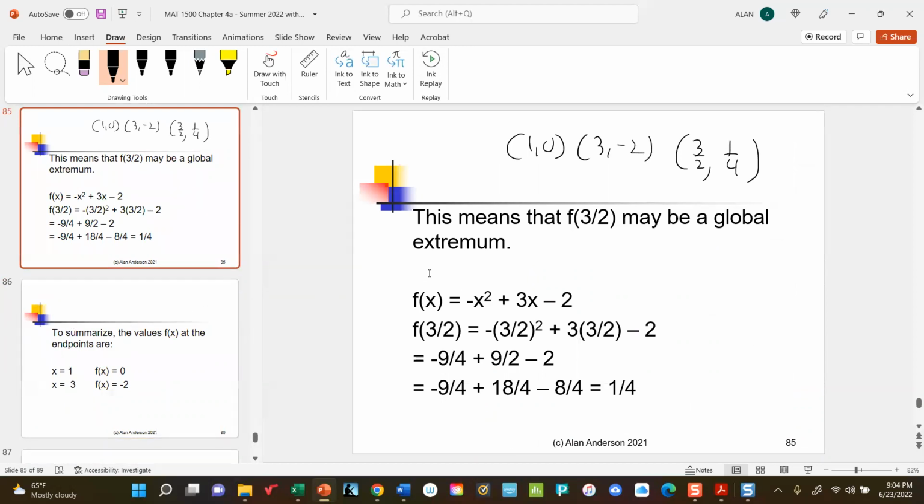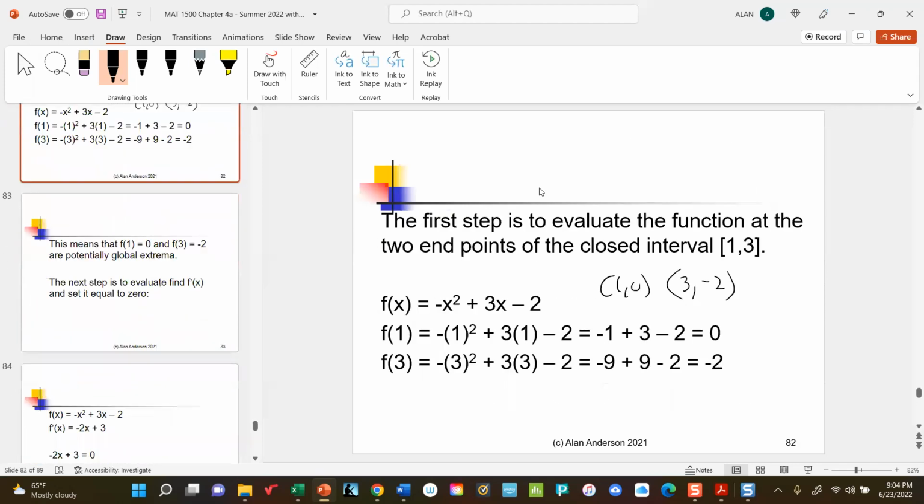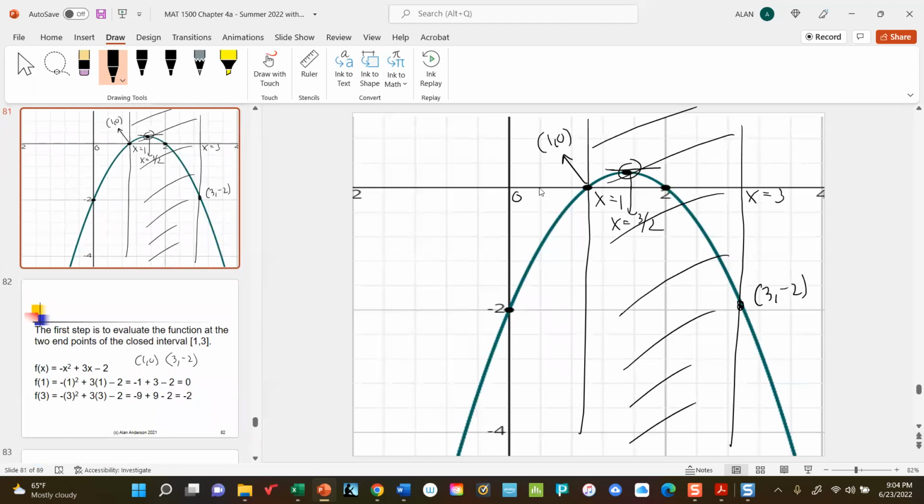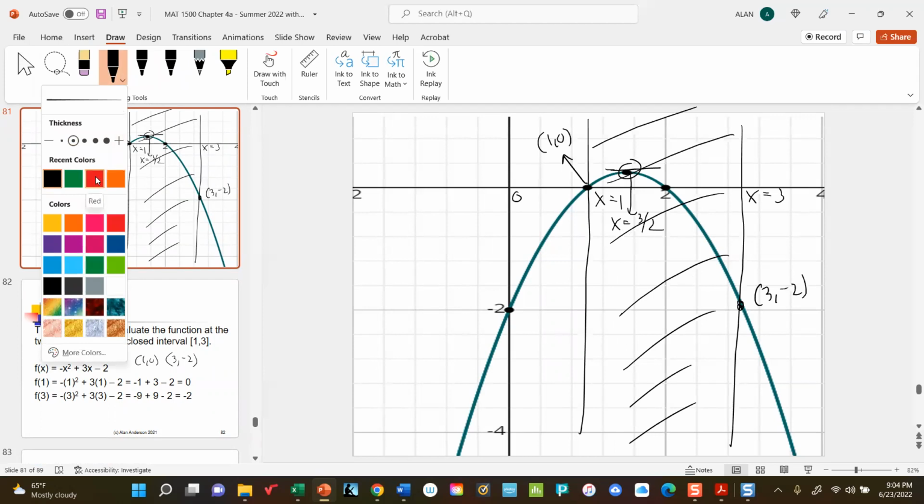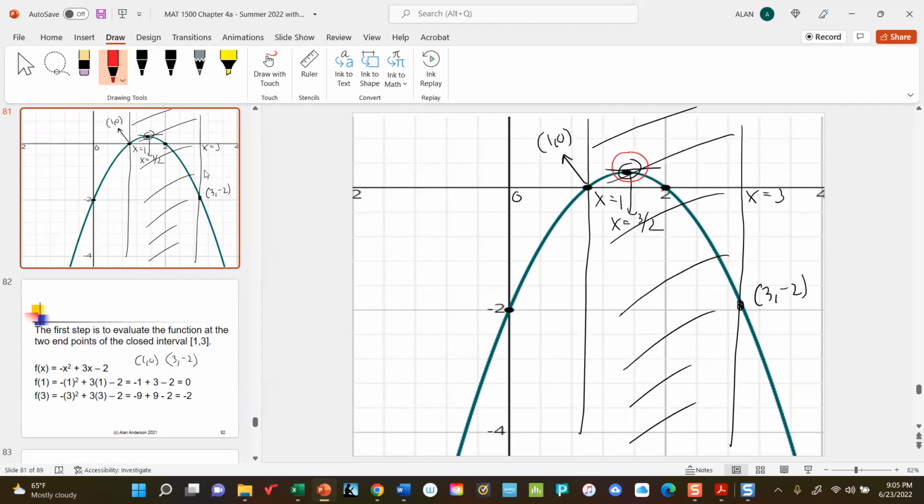Now, because this function is continuous over a closed interval, we're guaranteed that one of these is a global minimum and one of them is a global maximum. Okay, so the question is which is which? Well, I think from the graph, it's pretty clear that we have a couple of winners here. This is our global maximum, the point (3/2, 1/4).